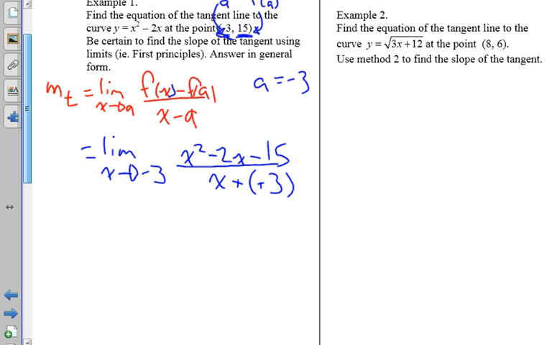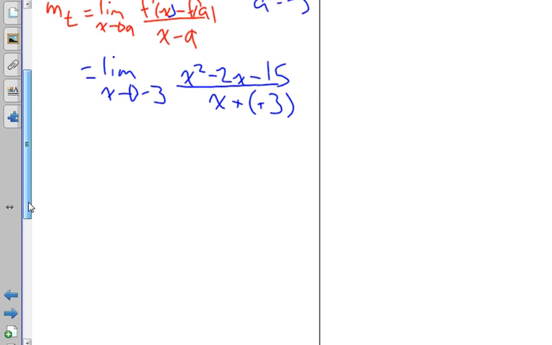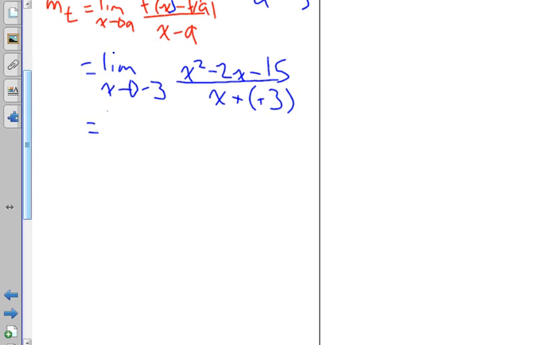Pluses. And remember, you have to write the limit every time until you've substituted. So we can simplify some of this. We can write it as x squared minus, oh, we have that already.